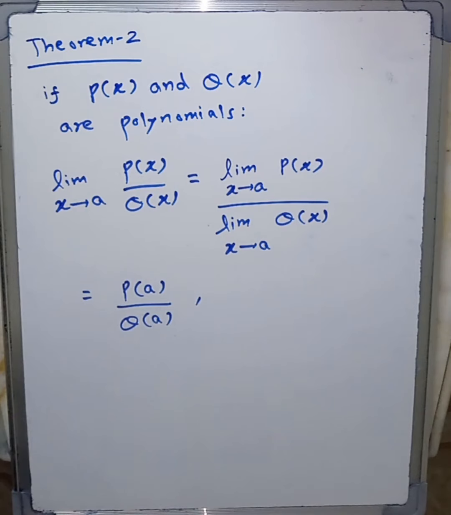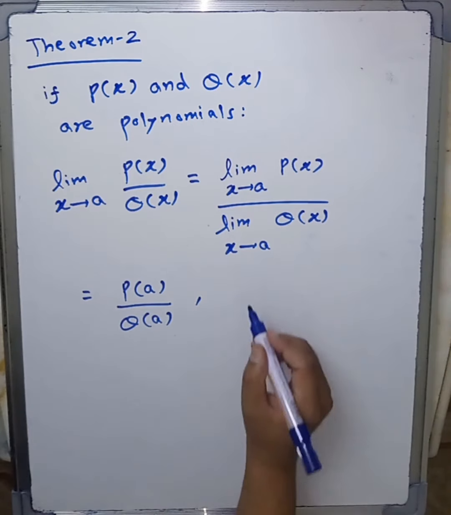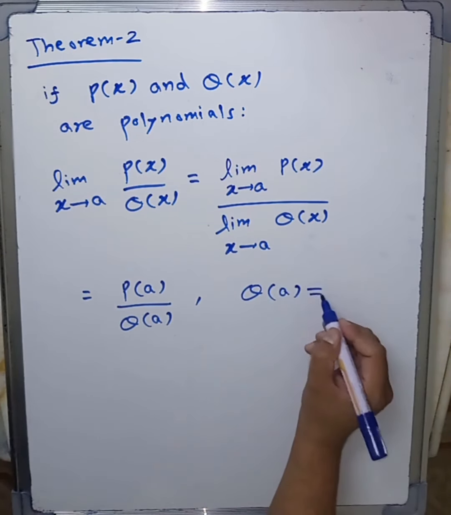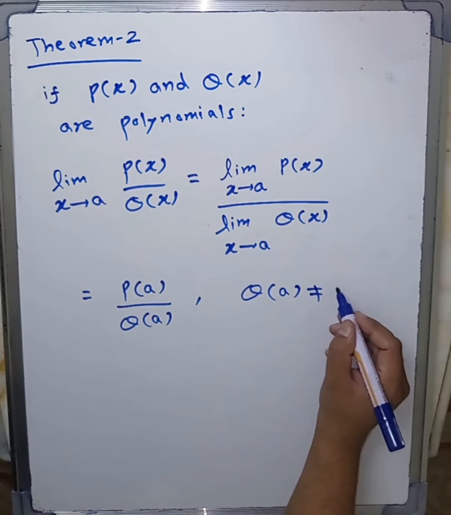And because we are dealing with division, we know that division by 0 is not defined, and hence we have to put the condition that q(a) should not be equal to 0.